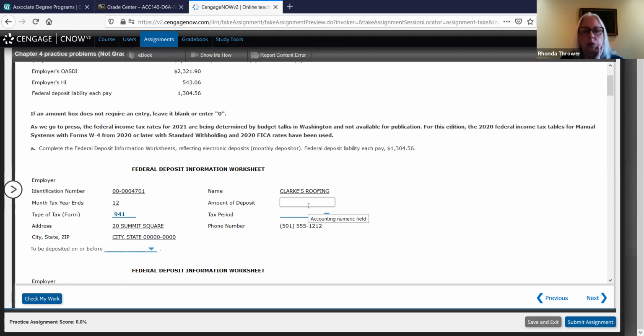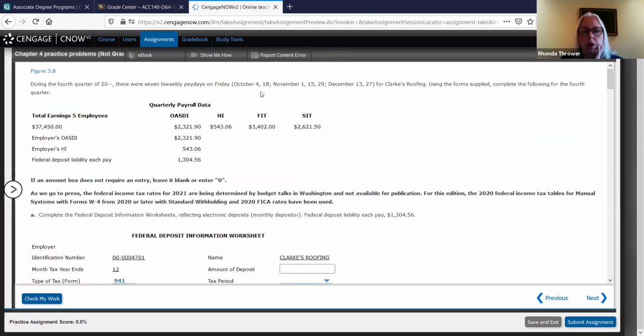The amount of the deposit for this first federal deposit information worksheet is for a month. We're going to start with the month of October because that's what they told us. We had 2 pay periods in October.